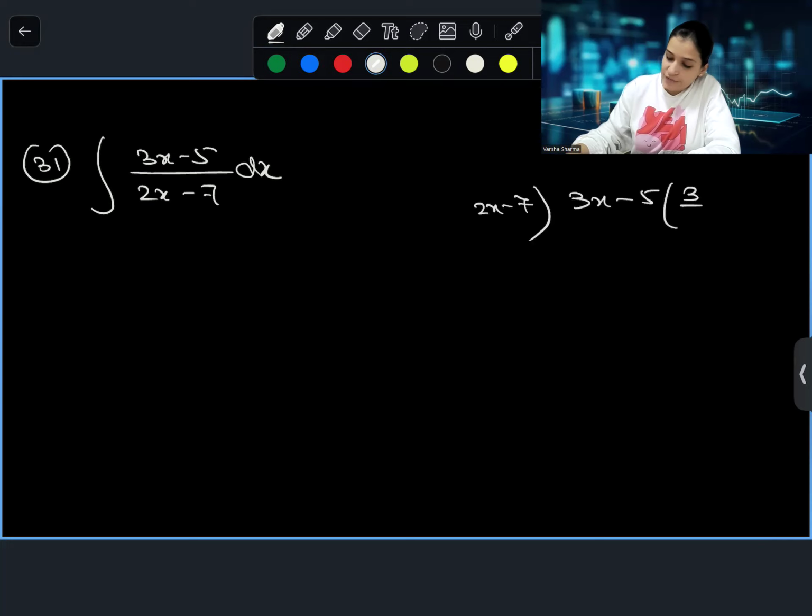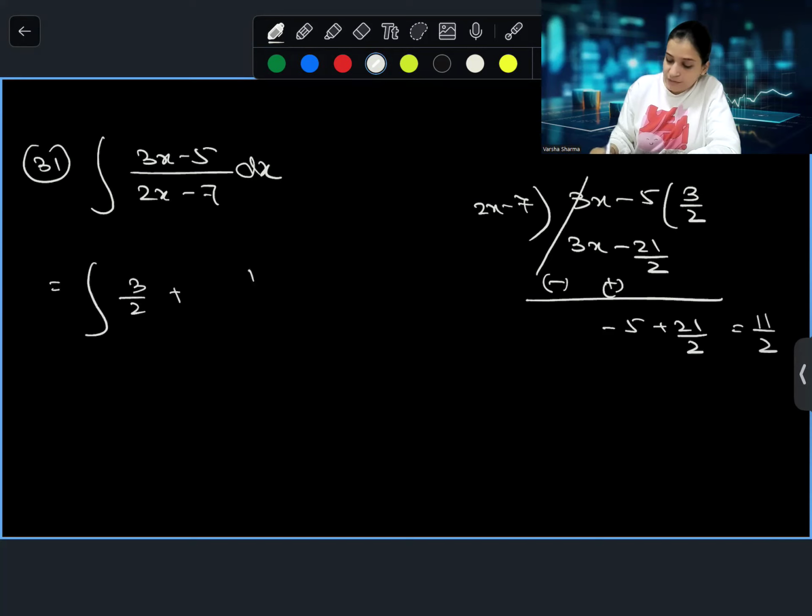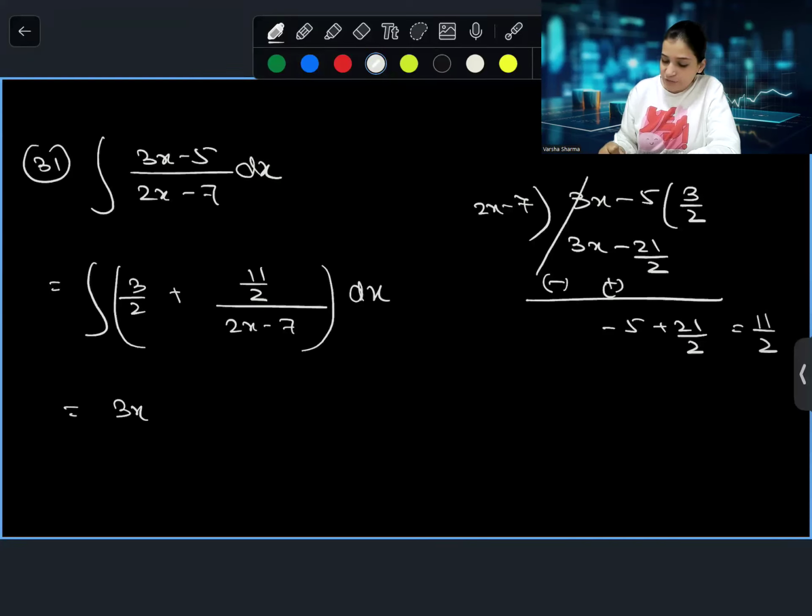LCM, will multiply it by 3 by 2. 3x minus 21 by 2. So minus 5 plus 21 by 2, that is 11 by 2. So quotient plus remainder by divisor. 3 by 2 becomes 3x by 2. 11 by 2 goes outside. 1 upon 2x minus 7. Log mod 2x minus 7 by chain rule 2.